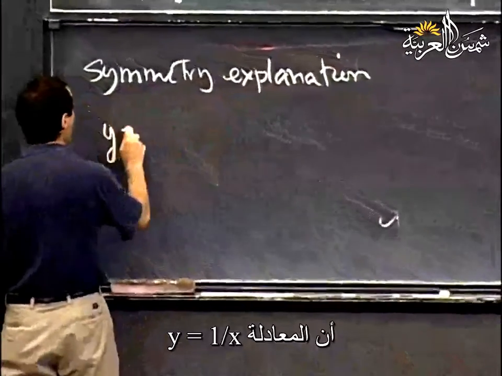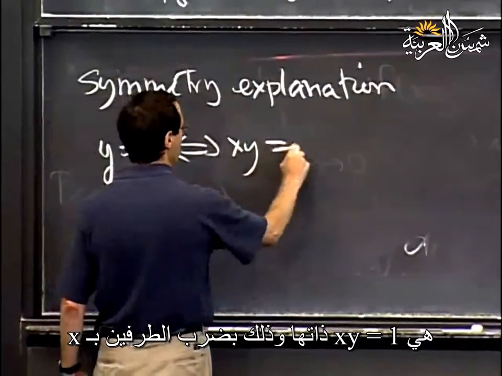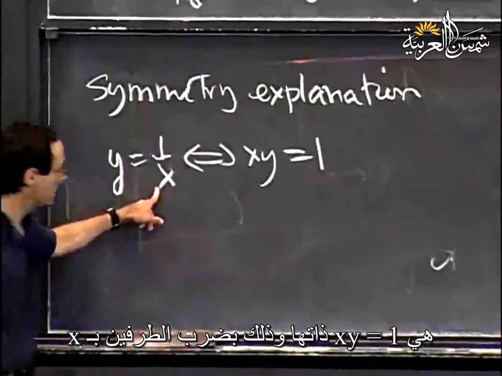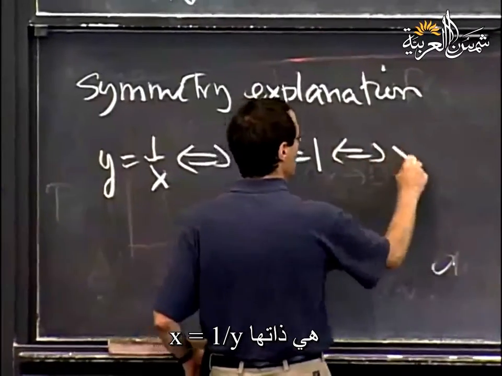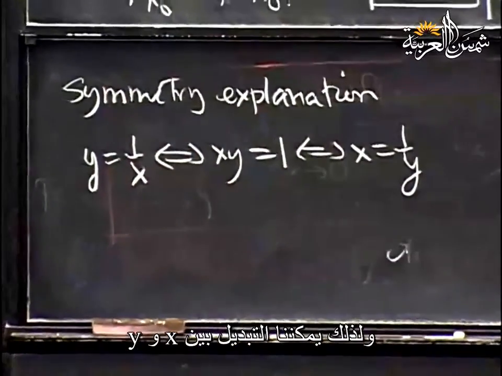The equation is y equals 1 over x, but that's the same thing as xy equals 1, if I multiply through by x, which is the same thing as x equals 1 over y. So here's where the x and the y get reversed.